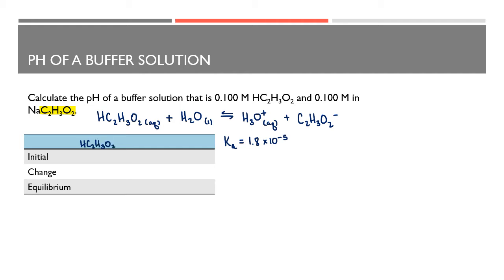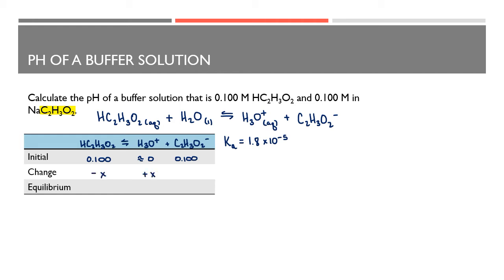I'm going to use this Ka in a little bit, but first I'm going to write out my reaction here. I'm going to leave out the water because that doesn't participate in our equilibrium constant expression. What I end up with is the acetic acid in equilibrium with the H3O plus ions and the acetate ion. My initial concentration of the acetic acid is 0.100. The initial concentration of my hydronium is about 0, and the initial concentration of my acetate is 0.100 moles per liter.